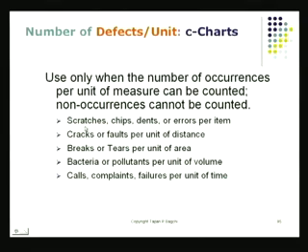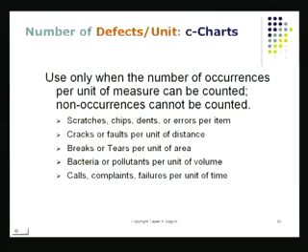Some examples are scratches, chips, dents, or errors per item, or cracks or faults per unit of distance. This could be true, for example, for cables. Or breaks or tears per unit of area, like if I'm looking at a piece of cloth, for example a curtain, I might take a look at the number of defects found per unit area.